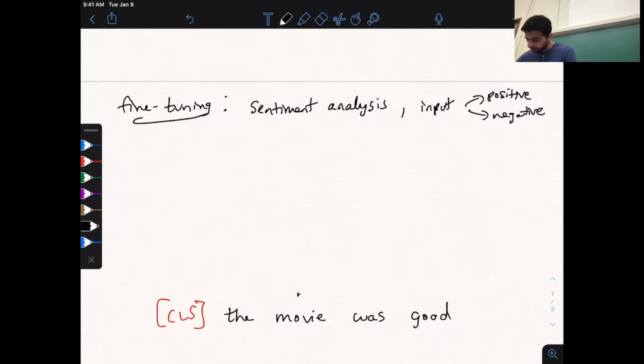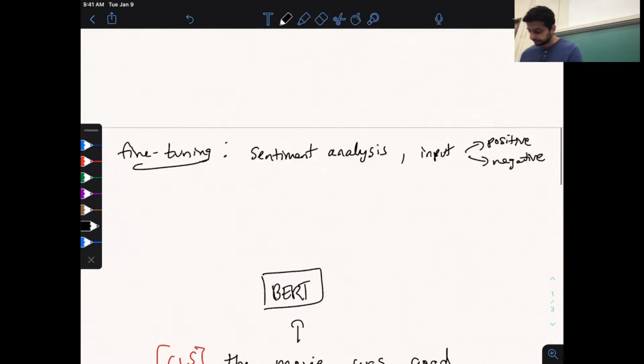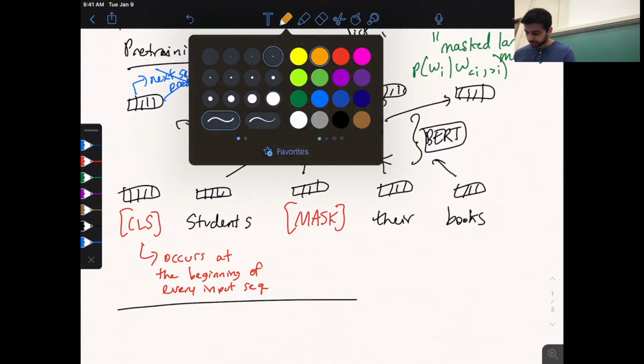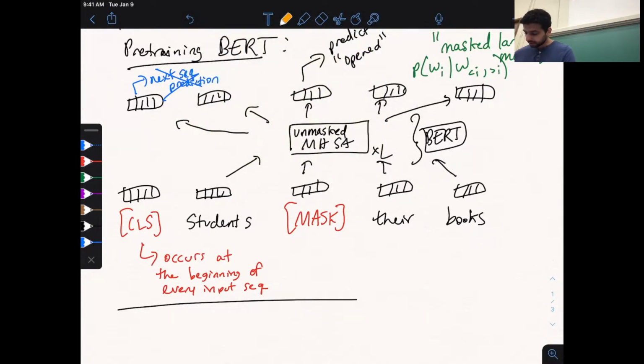However, we want all of these tokens to pass through BERT. So this is the pre-trained model. Maybe I'll make this more clear. Let's see if I can use a different color here. So we will call this the BERT model.